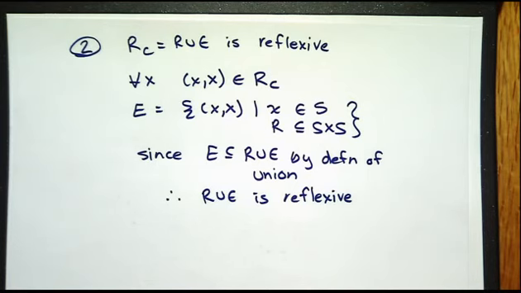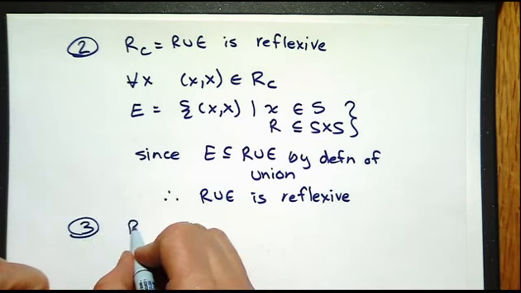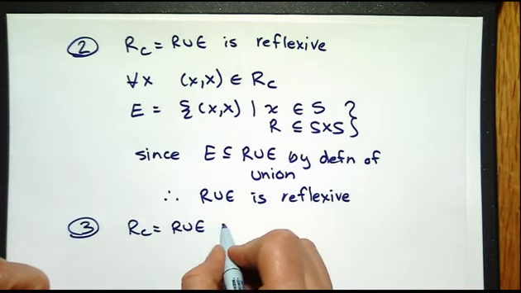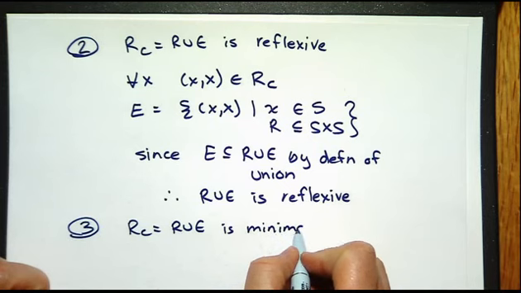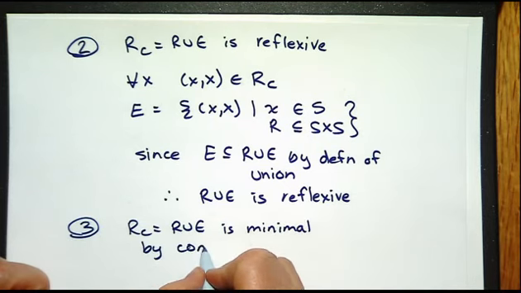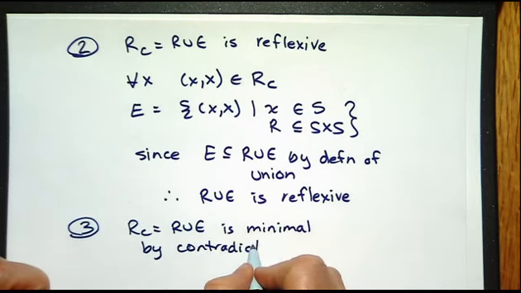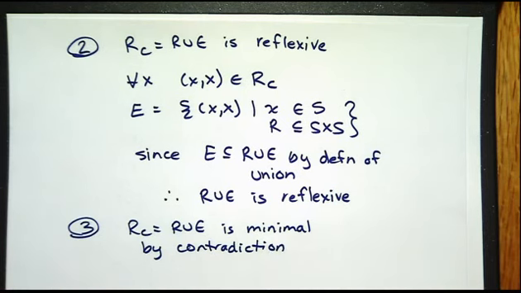Now the last part is the hardest part. We're going to do it by contradiction because that is the only way to show that something is the smallest possible. So if it's not minimal, what that actually means is there's an extra point in there. That means I could take a point out and it will still have R as a subset and still be reflexive.